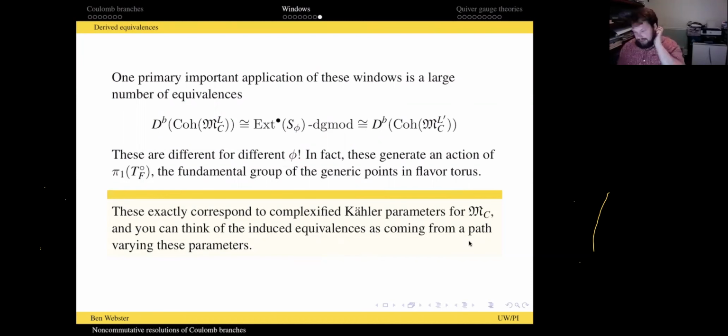So when you combine these all, you get an action of pi 1 of the flavor torus itself, after pulling out all the points that are non-generic complexified Kahler parameters. You can think of the complexified Kahler parameters living in T_F, and so I'm pulling out the non-generic ones.